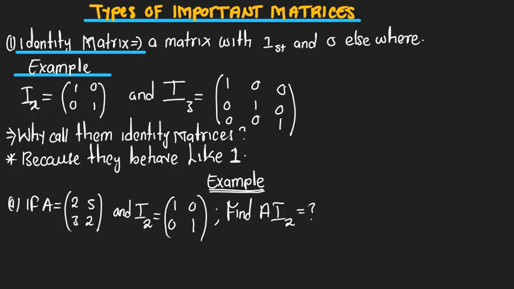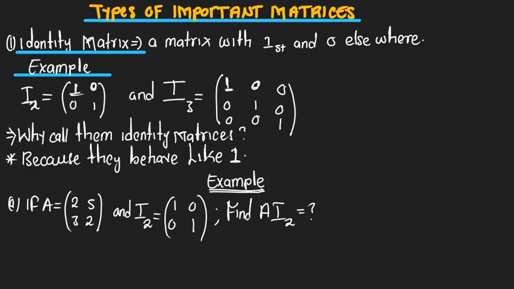A very good example is the first one, where the first figure is a 1, followed by 0, followed by 0. That is an identity matrix.